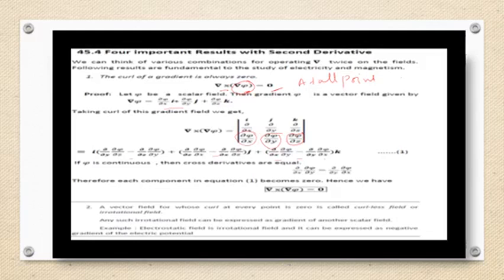First you can take derivative with respect to y, and then you take derivative with respect to x. That is same as taking first with x then with y. Therefore, by using this property, we can show that curl of gradient phi is always 0.